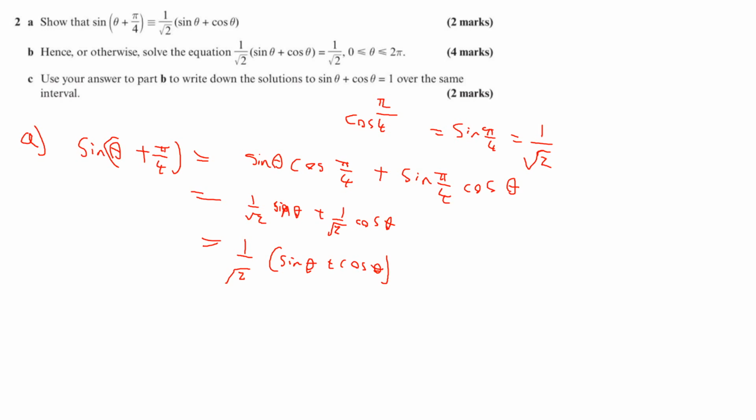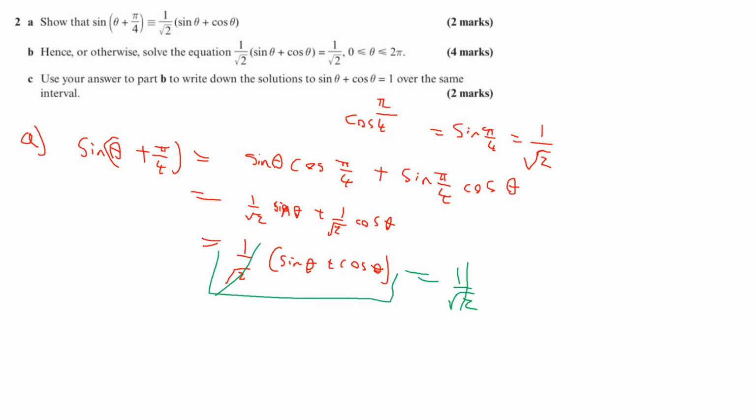So now, hence or otherwise, solve the equation 1 over root 2 times (sine theta plus cos theta) is equal to 1 over root 2. Biggest red herring I've ever seen in my entire life. Why? Because what the examiner wants you to do is think, oh, this is equal to 1 over root 2, so we can get rid of... No. Red herring.